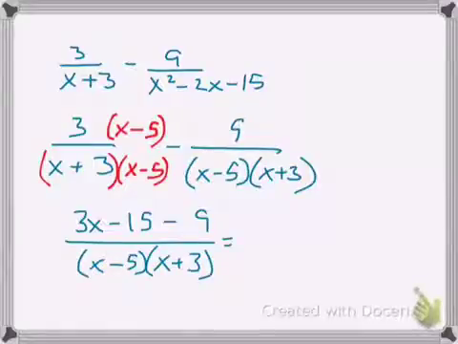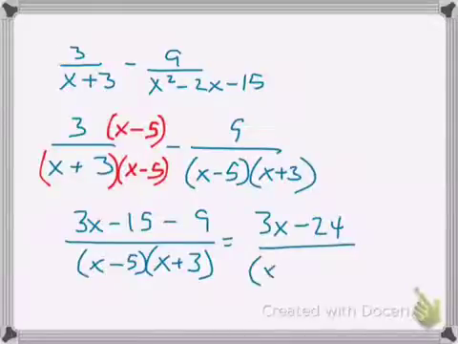Simplify. What's negative 15 minus 9? Negative 24. Now it's going to be 3x minus 24 over x minus 5 times x plus 3.